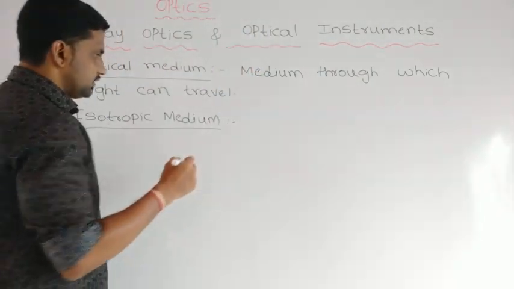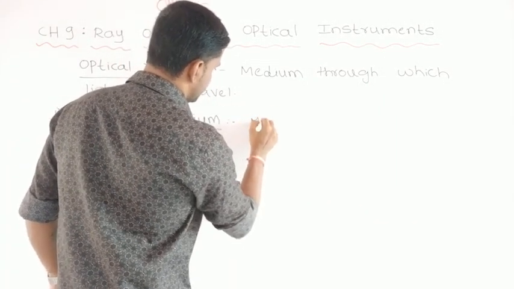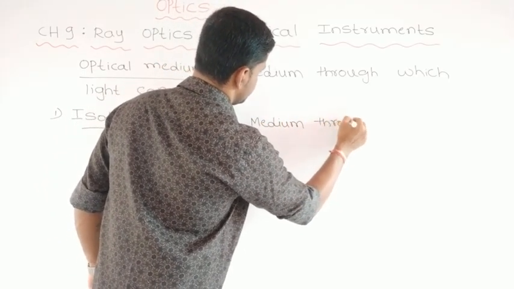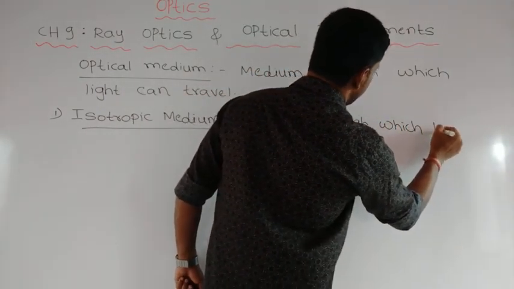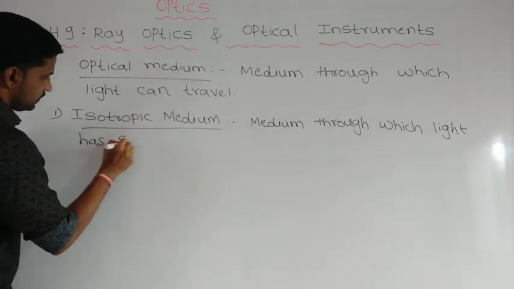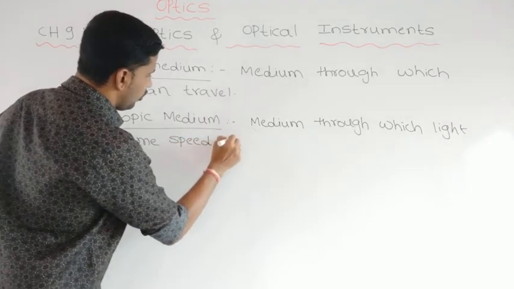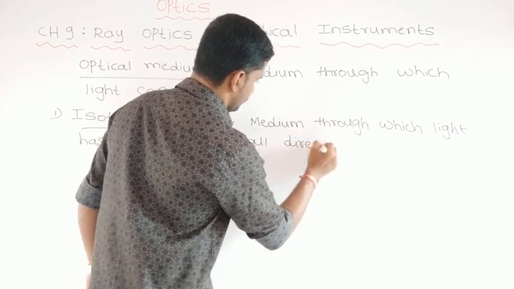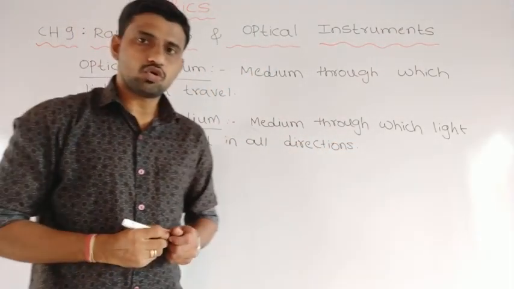That means it is the medium through which light has the same speed in all directions. Then that type of medium is called an isotropic medium.